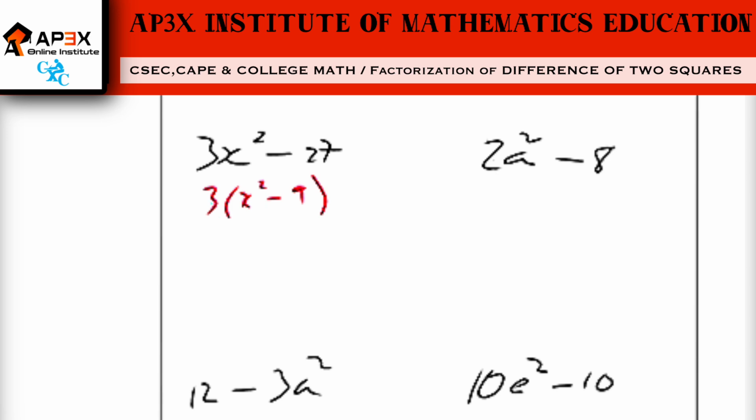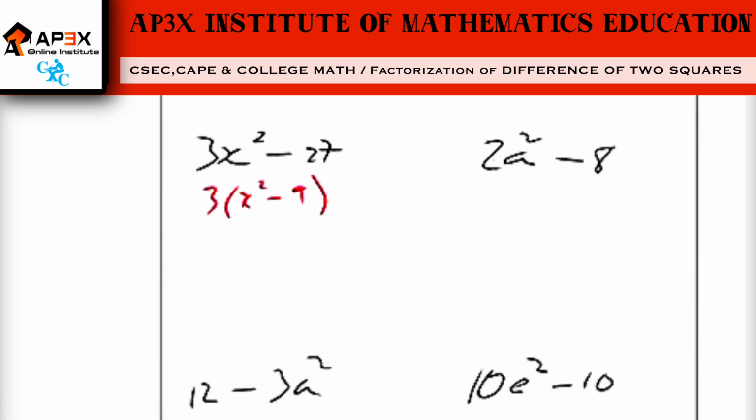Check on any past papers, guys. Sometimes on question 2, CSEC will say factorize the following. Then another time they'll say factorize the following completely. So why would they say factorize completely?